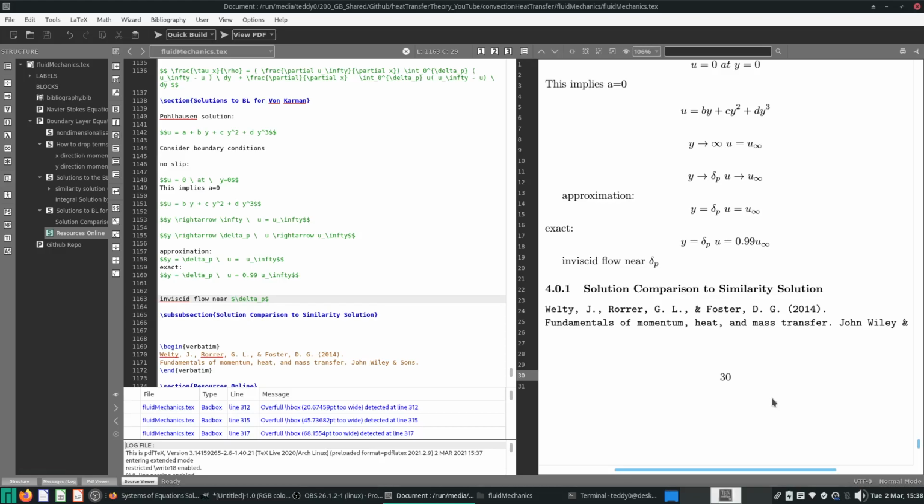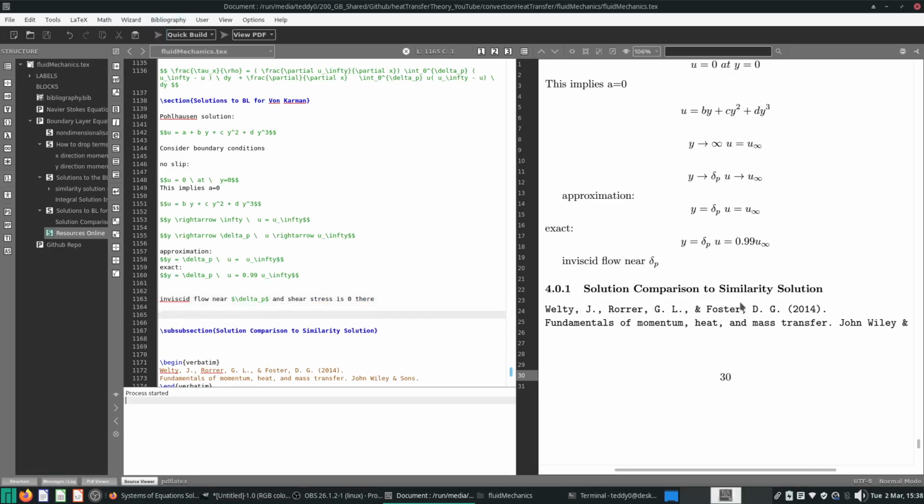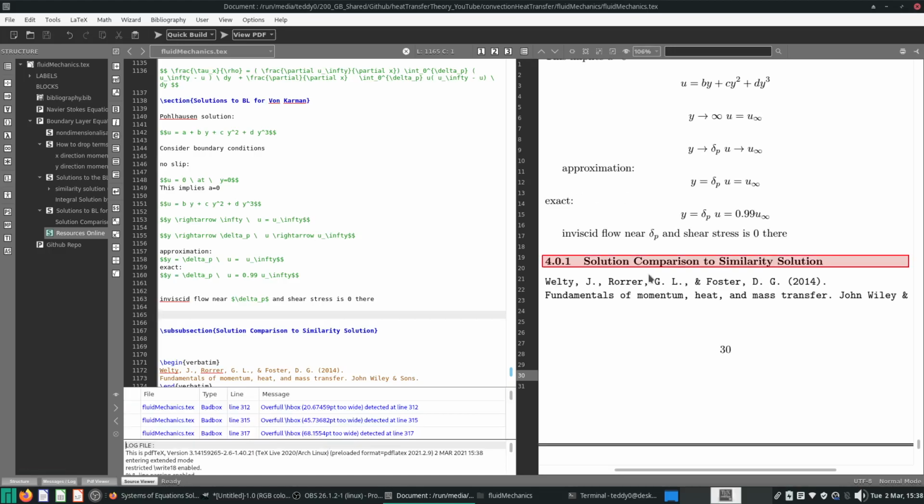Anyway, let's assume inviscid flow near delta p, and shear stress is 0 there. So near the boundary layer, remember we were talking about Bernoulli's equation, right?